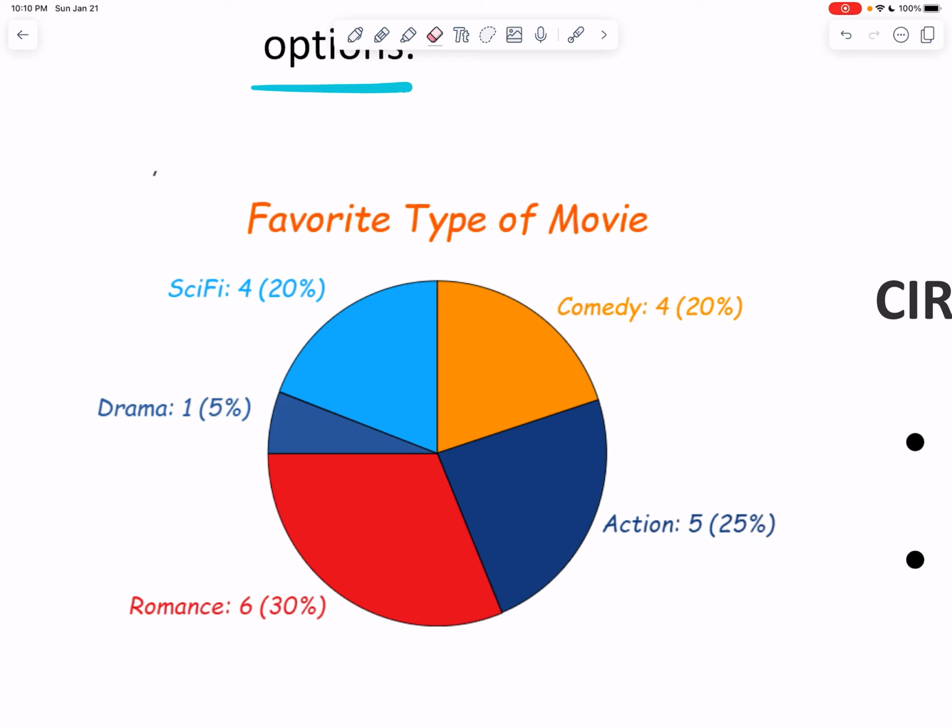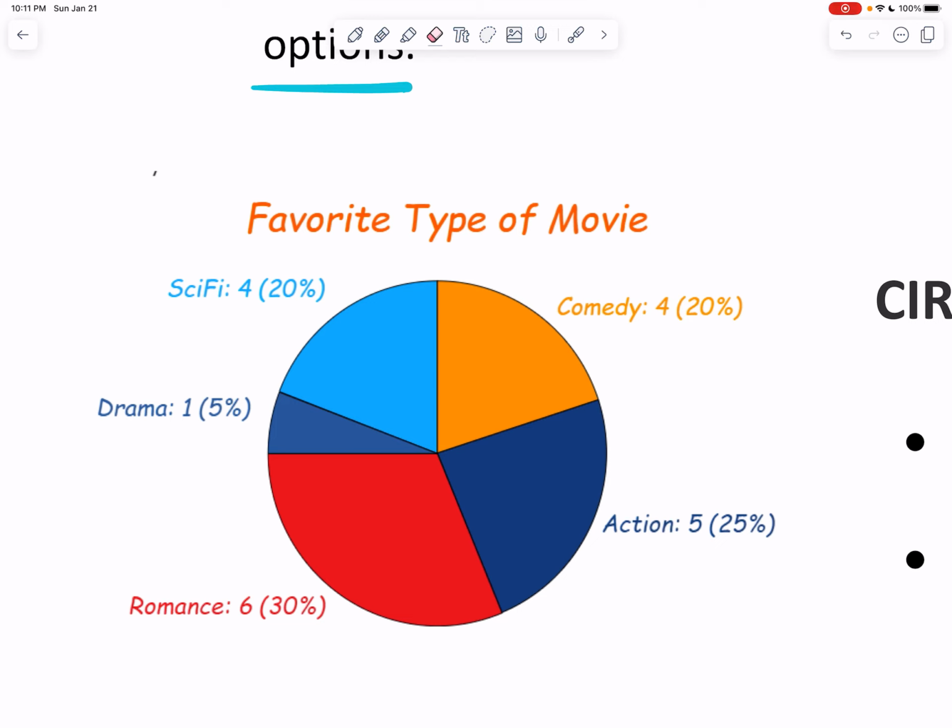And again, good data will allow us to acknowledge trends and patterns, as well as make predictions for the future. So let's say SPEV was having another movie night, and they collected data from a sample of the student population to figure out what people's favorite type of movie was, and they got this data as a result. Well, they might choose at their next movie night to play a romance movie, because it's the most popular category, so it'll probably appeal to the most number of people.